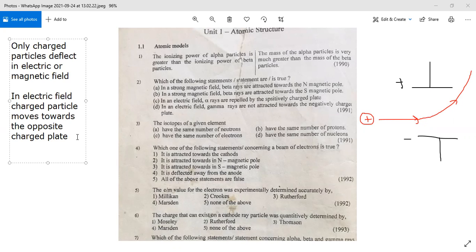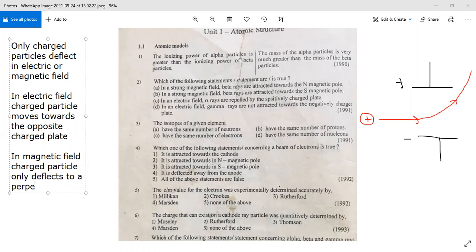Next point. In a magnetic field, a charged particle only deflects in a direction perpendicular to the magnetic field.